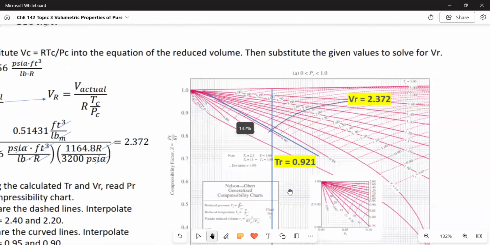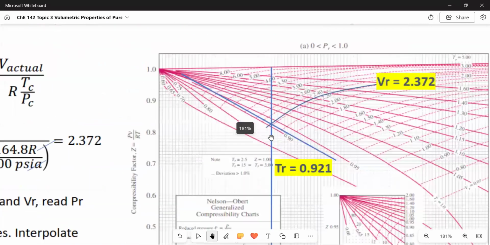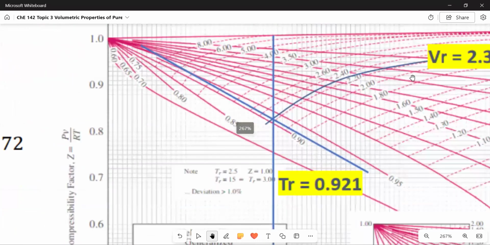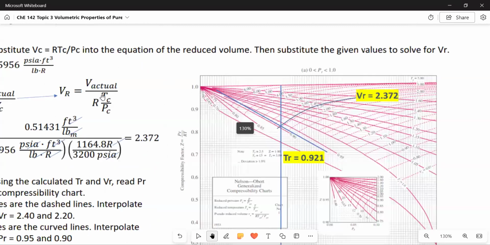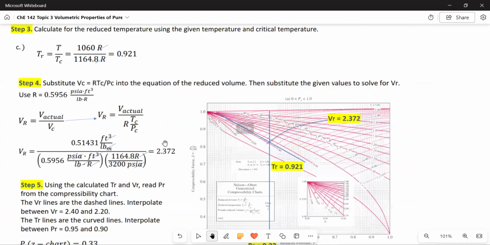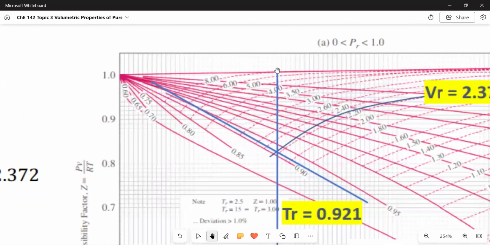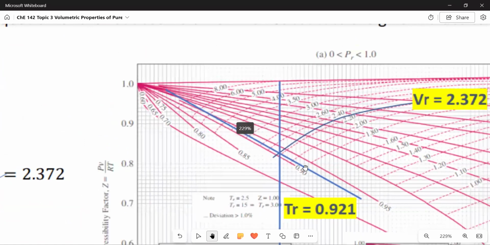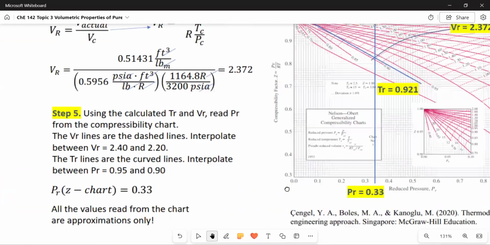And of course, our TR, I'm sorry, we're not given the P, we're given T and V. So TR is somewhere along this line between 0.9 and 0.95. And from their intersection, you can make a vertical line that crosses that intersection to read off the pressure.